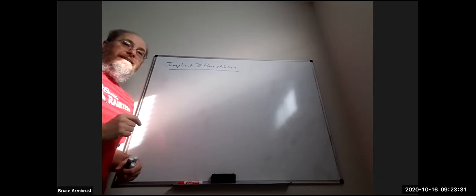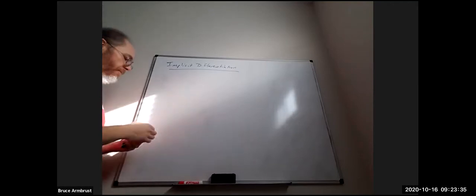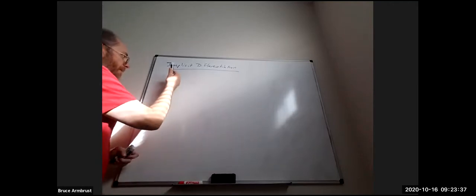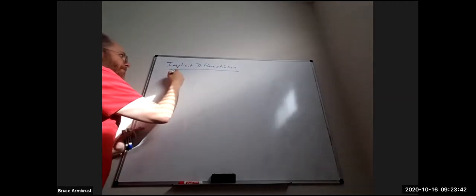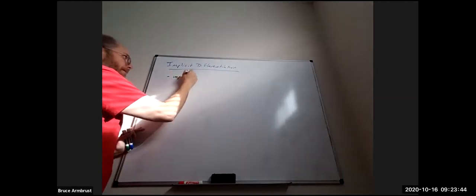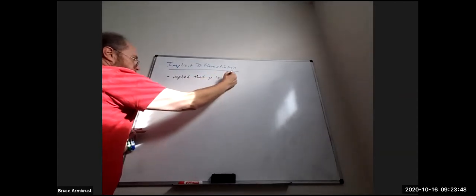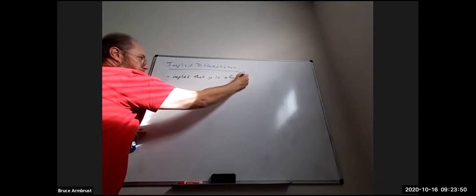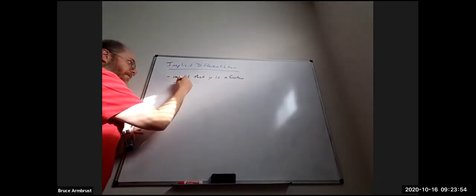And what that thing is, is our function. With implicit differentiation, we're going with the fact that it's implied that y is a function. We just don't know what it is.